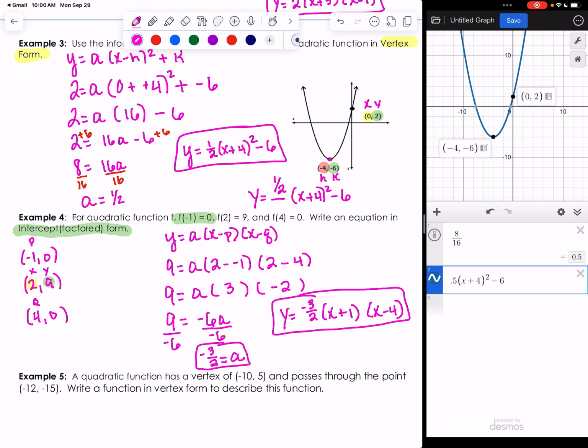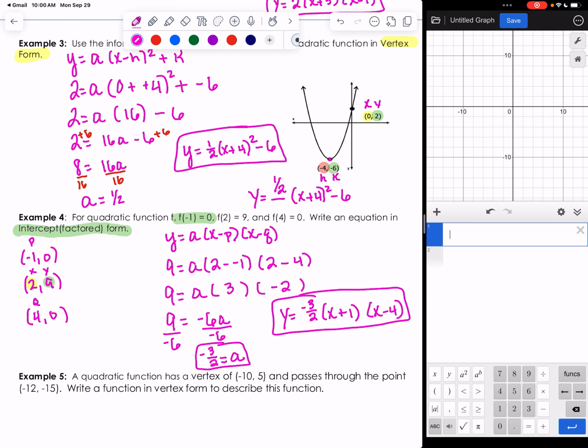Now let's check our answer by graphing it. Here we have -3 over 2, (x plus 1), (x minus 4). All right, now let's check. We want to check our zeros.